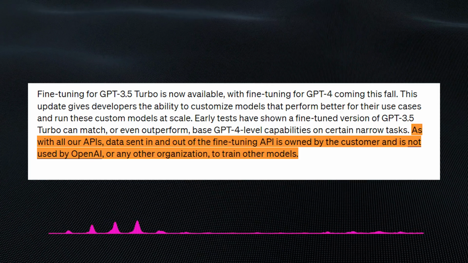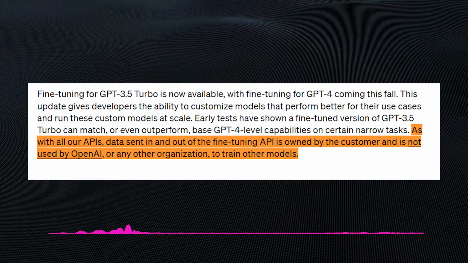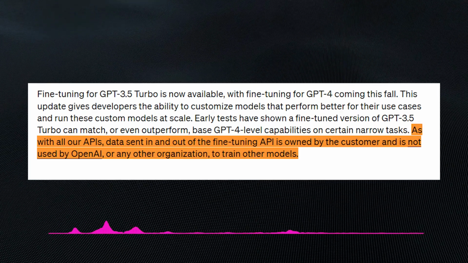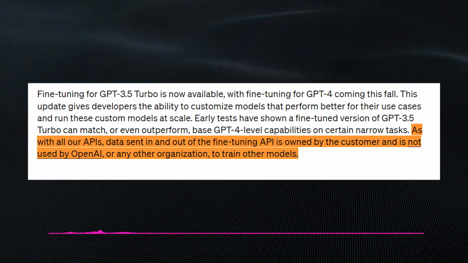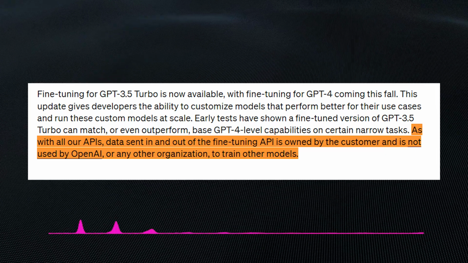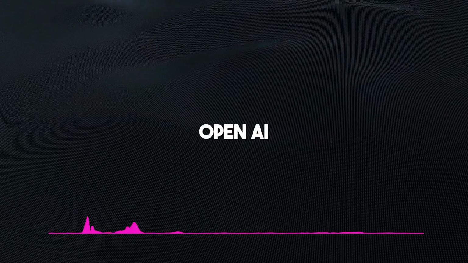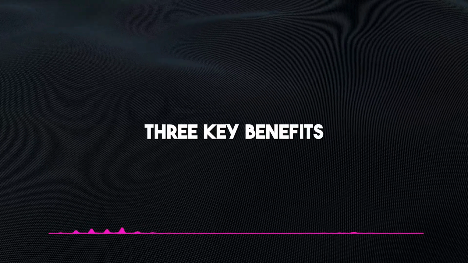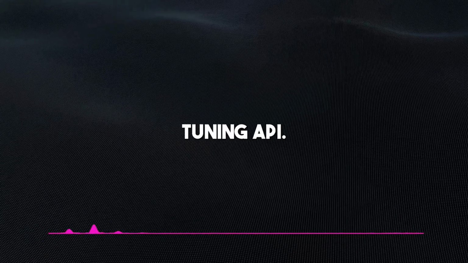The information is right here, and says, as with all our APIs, data sent in and out of the fine-tuning API is owned by the customer and is not used by OpenAI or any other organization to train other models.